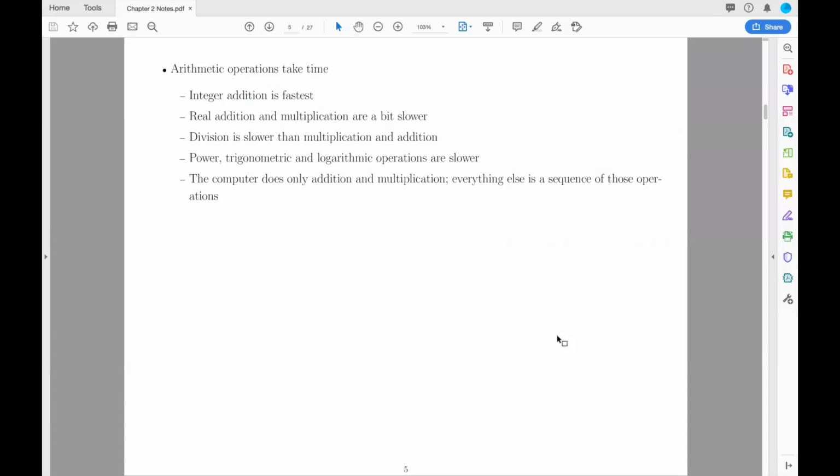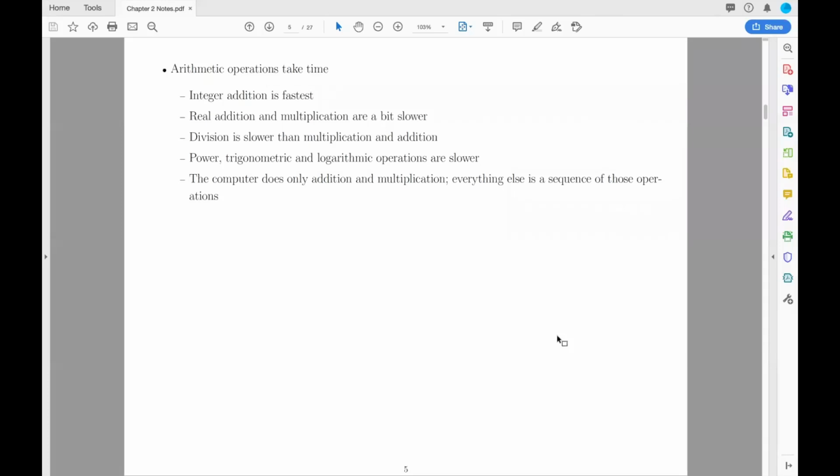If you ask for sine of x, what the CPU does is execute a program, which is a fixed finite set of steps of addition, multiplication, division.